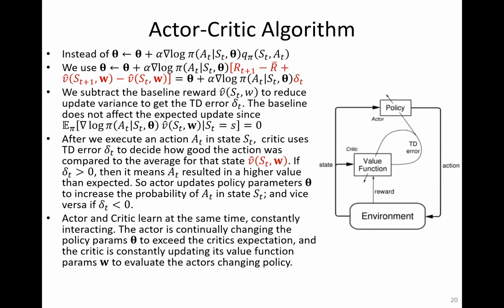We're still in the average reward setting. So we have the next step reward, and gamma is 1. We simply add the next state value minus the average reward, and then we subtract the v hat, which is the baseline, to reduce the update variance.